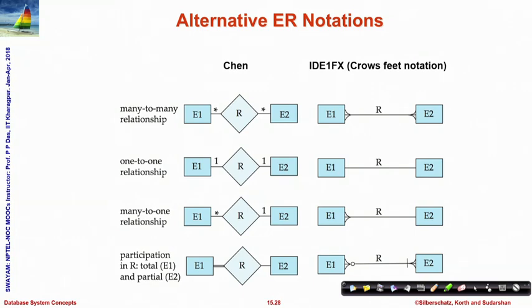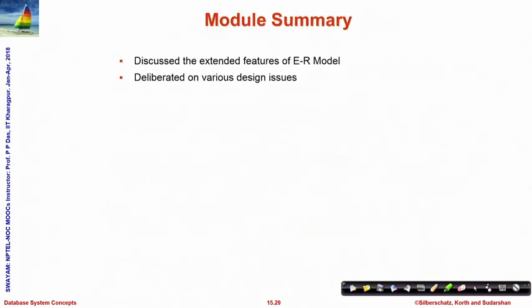And we have included this not because we will use these alternate notations, but because it is possible that you come across some ER diagram where these notations are used, and if you are not able to identify them, then please refer to these slides and you will be able to recognize the corresponding symbol that you already know.